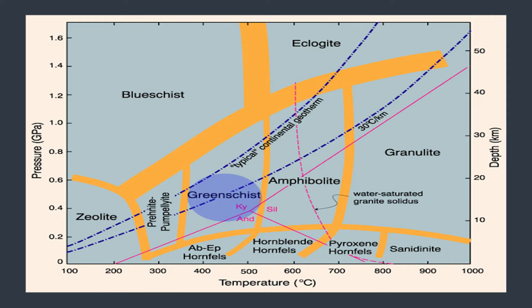Winkler 1967 called the Pyroxene-Hornfels facies the potash feldspar cordierite Hornfels facies and subdivided it into a lower temperature orthoamphiboles subfacies and a higher temperature orthopyroxene subfacies.